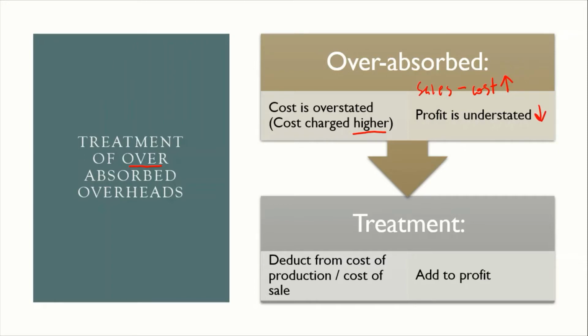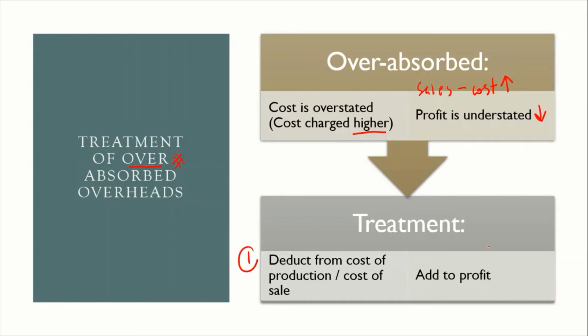So how do you treat when it is overabsorbed? The difference is overabsorbed. First is you deduct from the cost. So you deduct the difference of the budgeted and the actual, the overabsorbed amount. You deduct it from the cost.